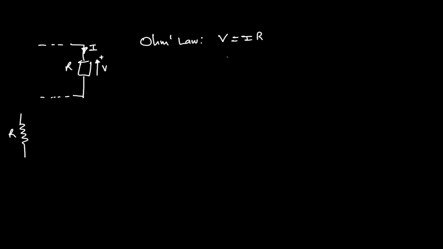From this we can say, if we transpose things a little bit, V over I, in other words divide both sides by I so you don't change anything, V over I equals R. Or we could divide both sides of the equation at the top by R, and we end up with V over R equals I. So you have three expressions for Ohm's law.